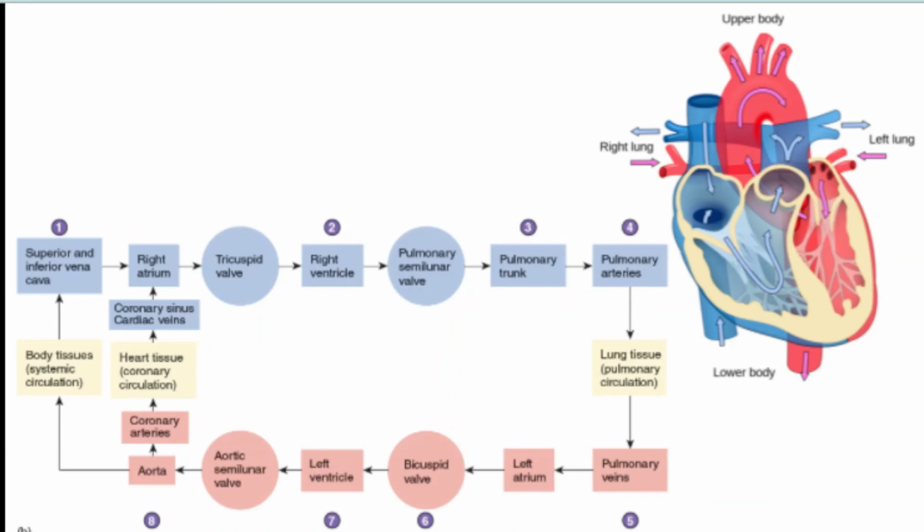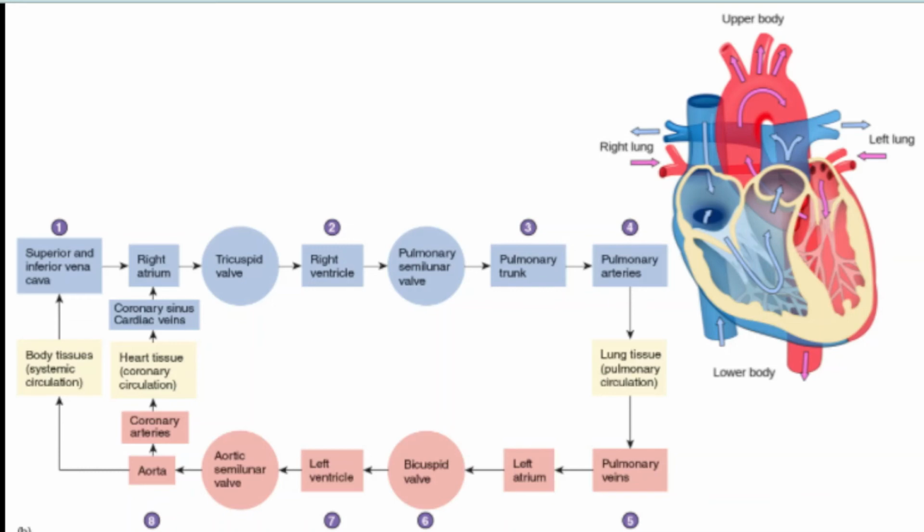After the pulmonary trunk, blood will then go to the pulmonary arteries and eventually go to the lungs to complete the pulmonary circulation. After blood has been oxygenated, blood has to return to the heart via the pulmonary veins. And then, it will be collected or received by your left atrium.